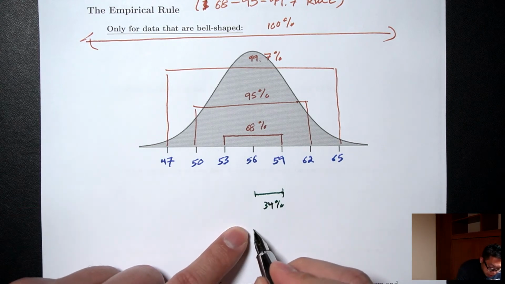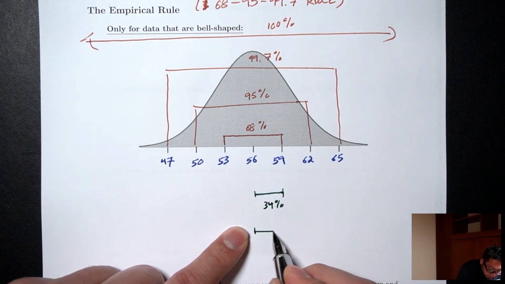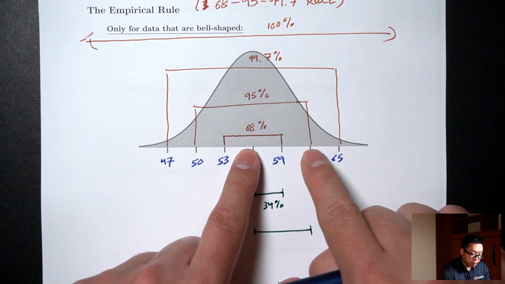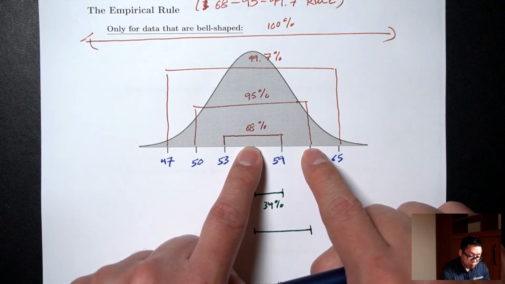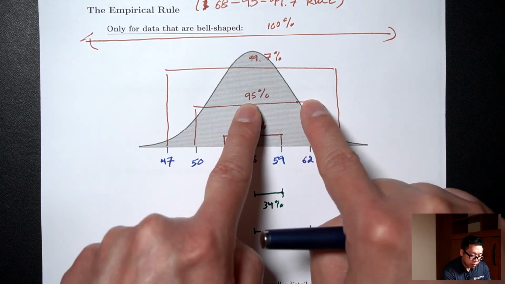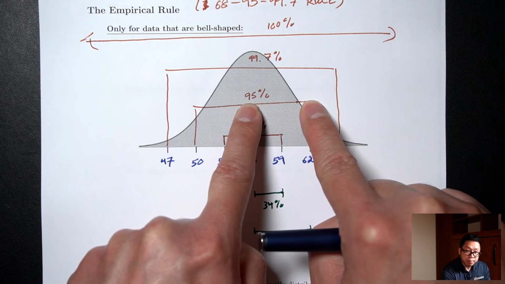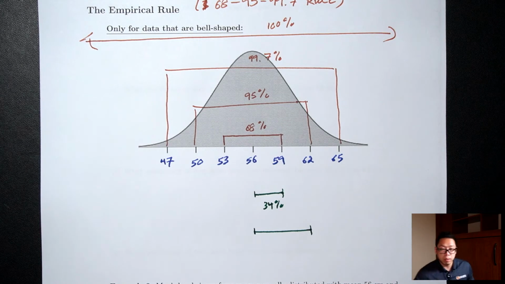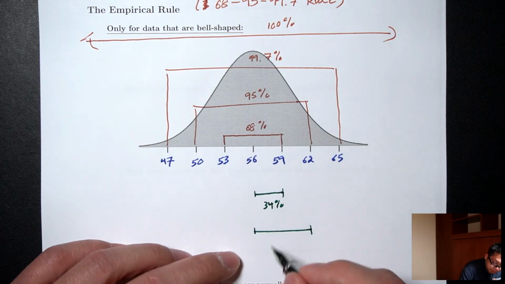What percent is the middle to the 62? So middle to 2 up should be half of the 95. Okay, so middle to 2 up is half of 95. What's half of 95? 95 divided by 2. 47.5%.